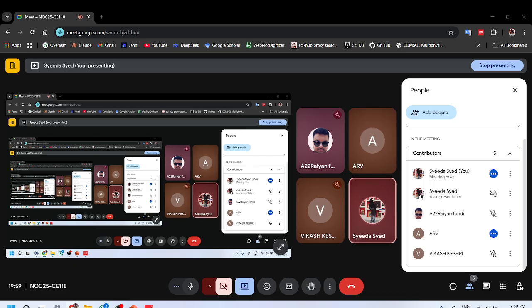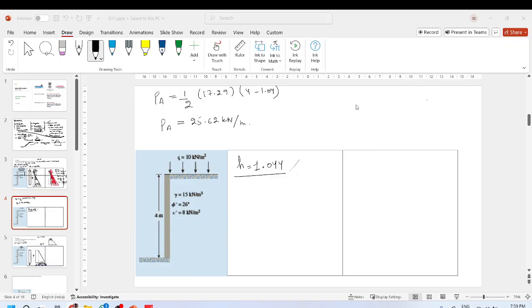Madam, do you want to draw separate diagrams and add them, or draw the net diagram? What is your sigma p?